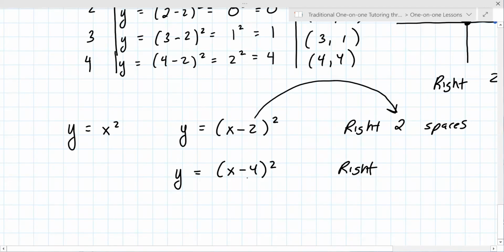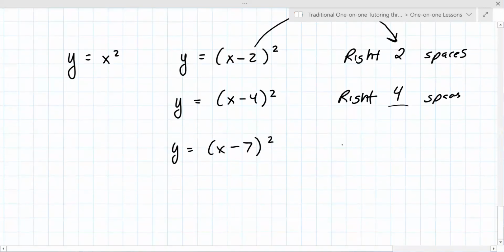The next one here is right how many spaces because it's minus 4? 4 spaces. Very good. Okay, and let's say it's y equals parentheses x minus 7 squared. What's going to happen now? 7 spaces right.